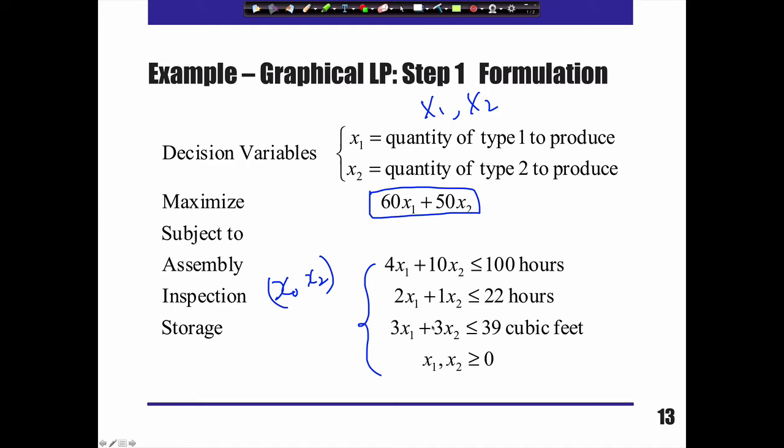So we want to figure out what combination of x1 and x2 can be the solution, which means it satisfies all the constraints. Among them, I will find which one maximizes my objective function.